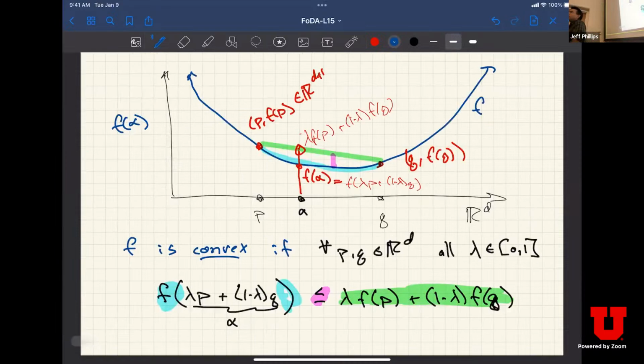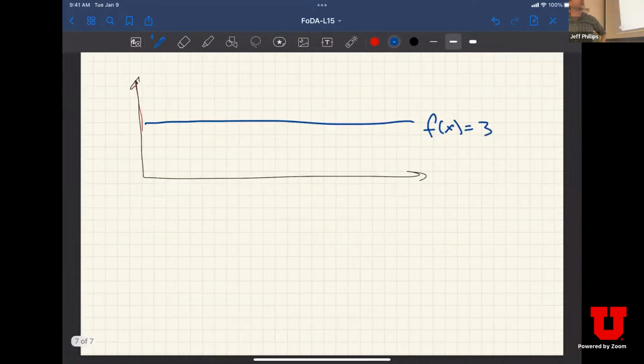This holds for all P and Q. This is the for-all symbol, right? So for all choices of P and Q, this has to hold. If you can find any choice of P and Q where this does not hold, it's not going to be convex.